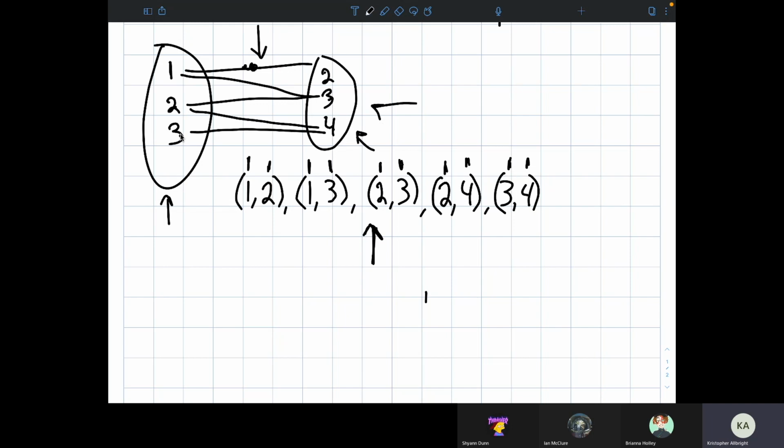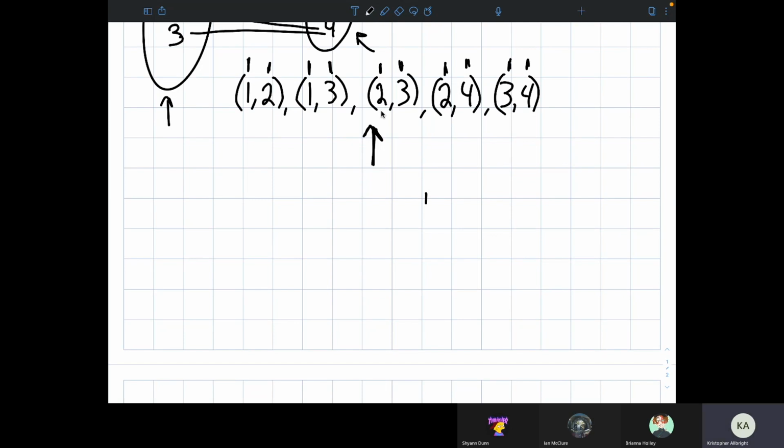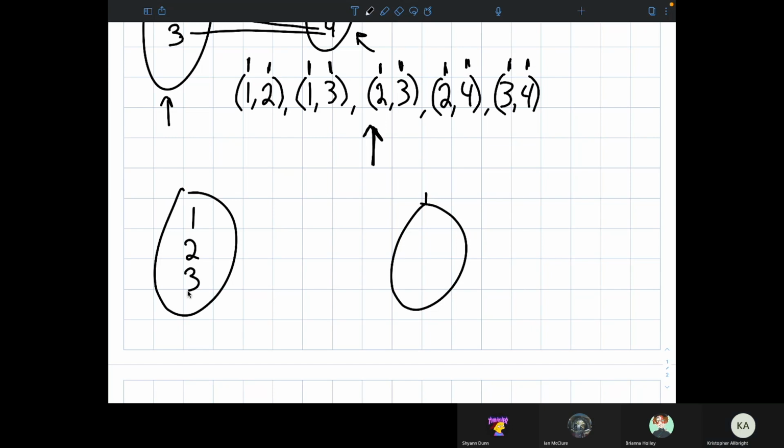And this is the main difference between functions and relations. Relations can look like this, and they can be kind of a convoluted mess of lines and all that. But for functions to work, we can only have one line. So 1, 2, 3, 7, 8, 9.